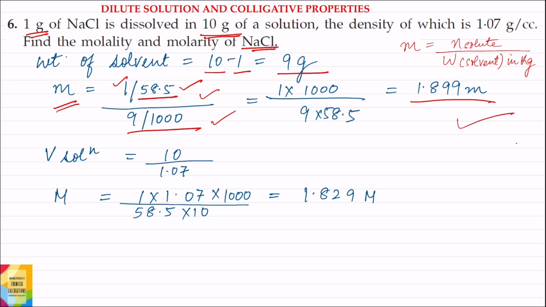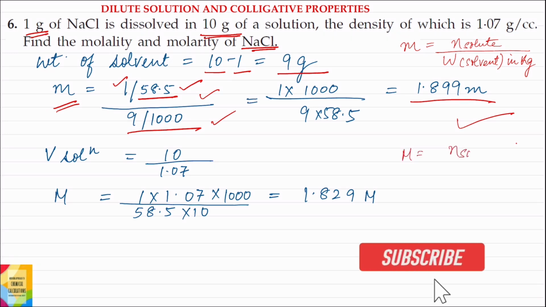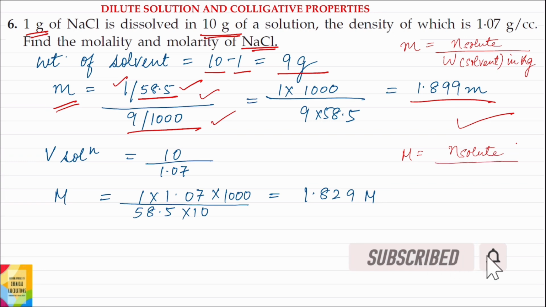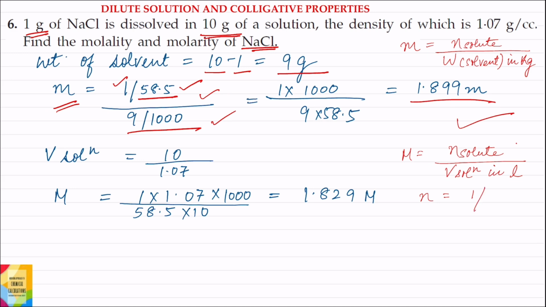Now formula for molarity. Molarity is equal to moles of solute divided by volume of solution in liters. So moles of solute will be equal to weight of solute, that is 1, divided by molecular weight of solute, that is 58.5, divided by volume of solution in liters.